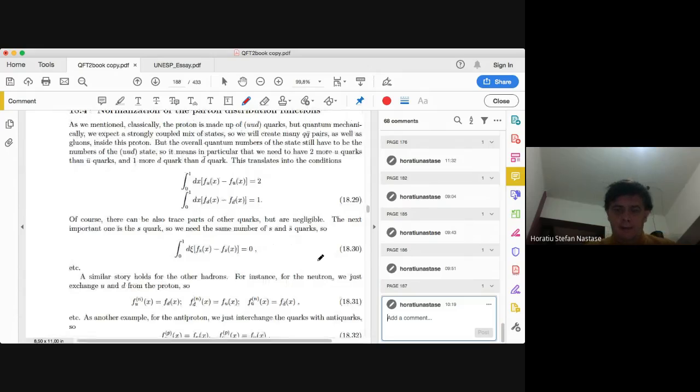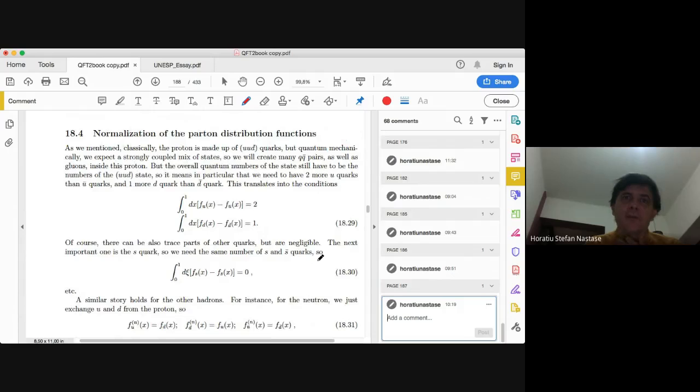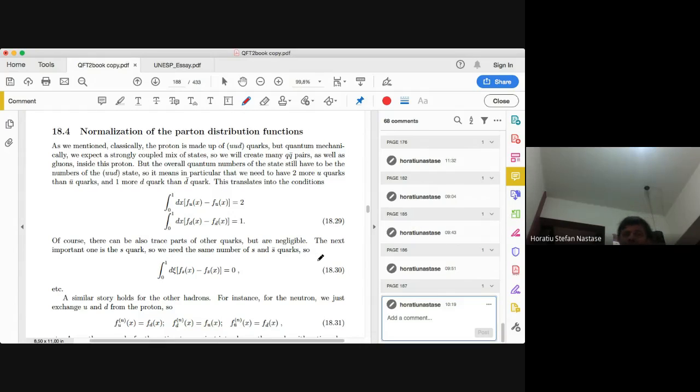All right, there's one more thing to be said here. The normalization of the parton distribution function. As we mentioned, classically, the proton is made up of the uud quarks. But quantum mechanically, we expect that there are these partons, which are a strongly coupled mix of states with various q q bar pairs and also gluons inside the proton.